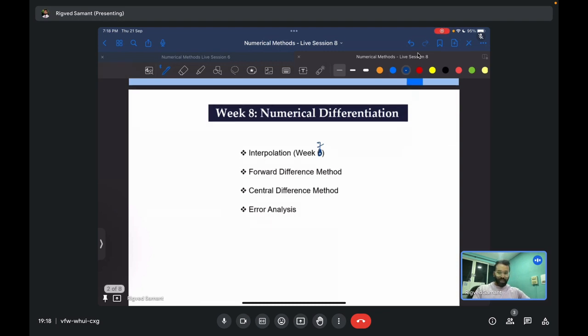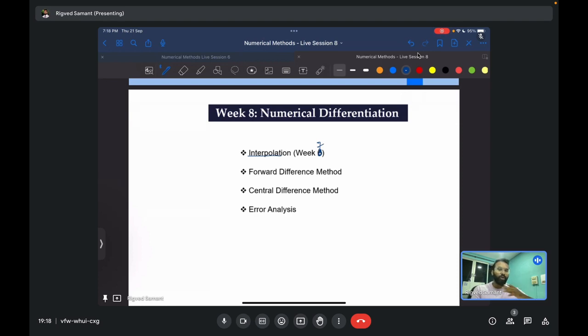In the last week we completed the interpolation chapter. In interpolation we saw Newton forward difference, backward difference, divided difference, and how to calculate those using tables.